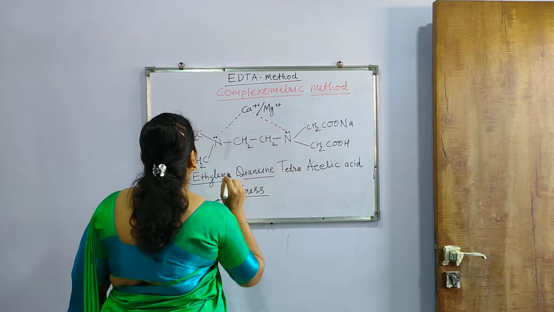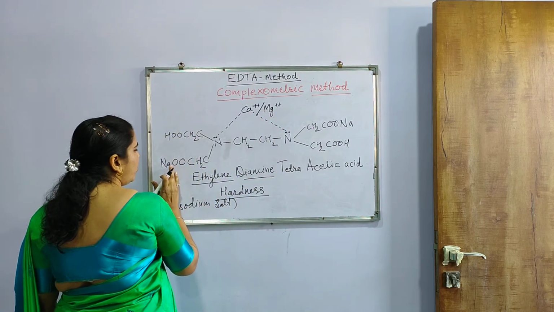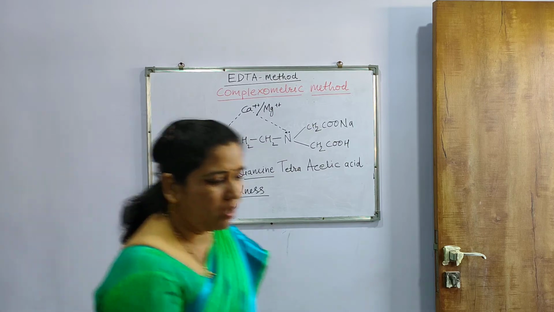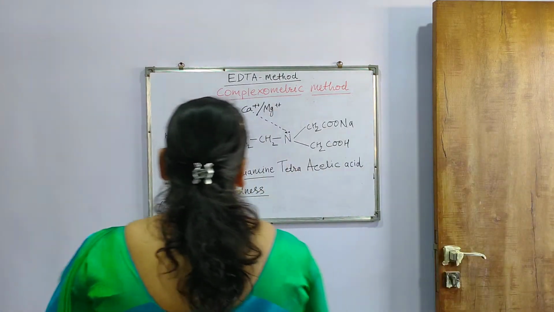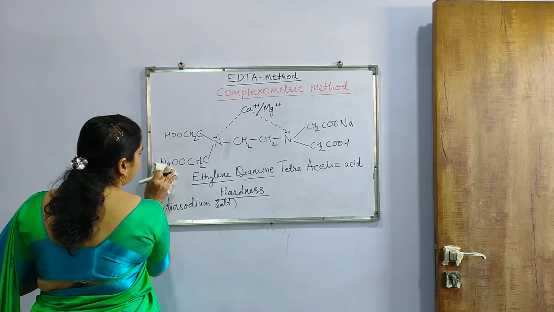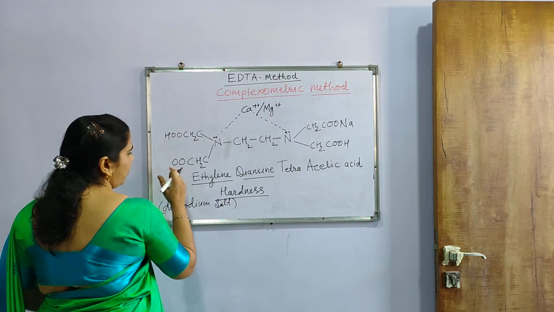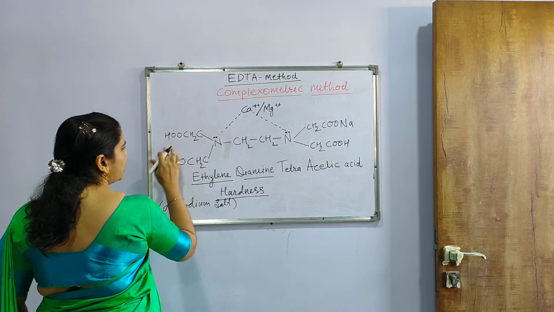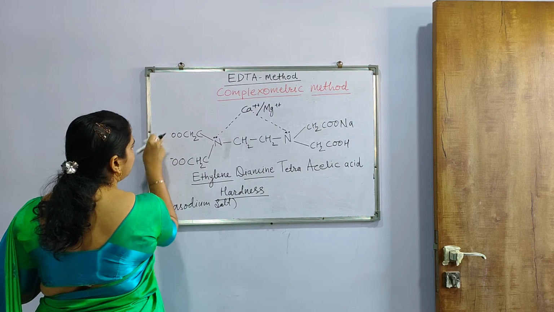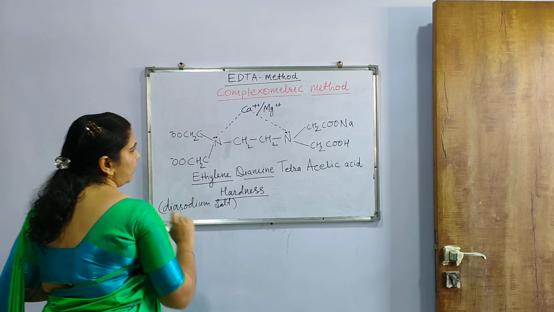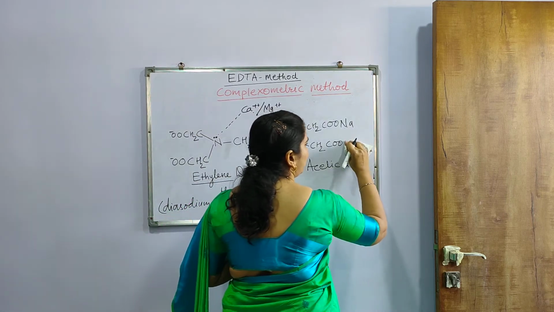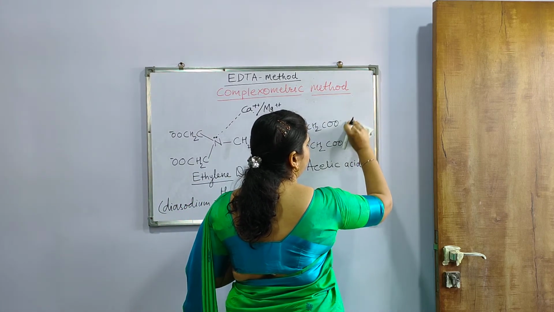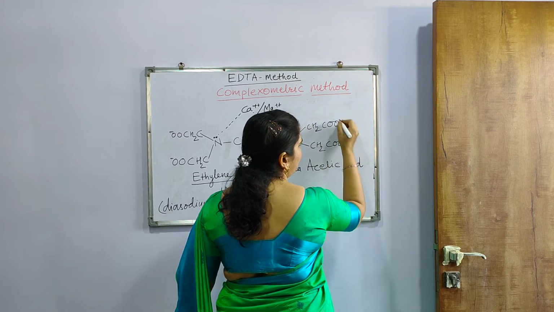We will consider Ca as the ion, while the sodium also gets replaced. When sodium is removed, there is a formation of a negatively charged ion. When hydrogen is removed here, there is a formation of a negatively charged ion. Here also hydrogen and sodium can be removed to form negatively charged ions.